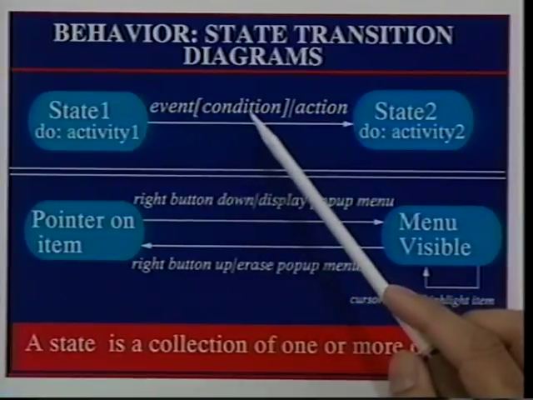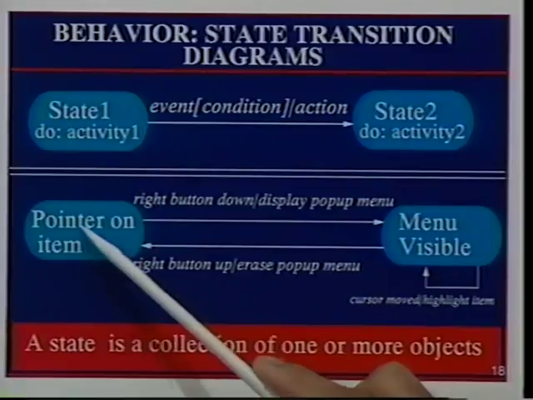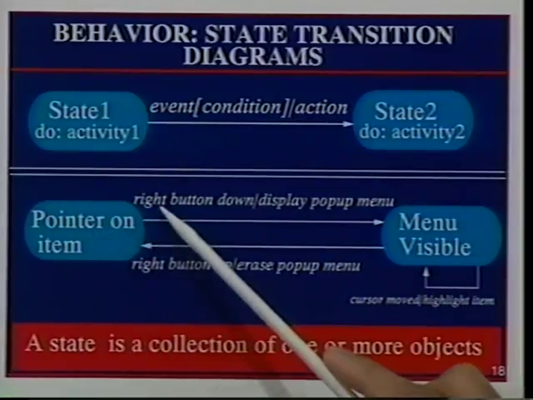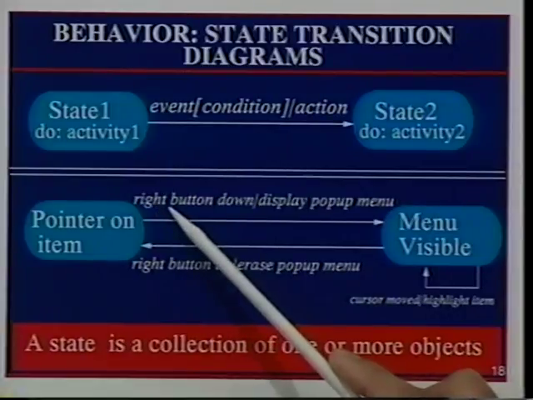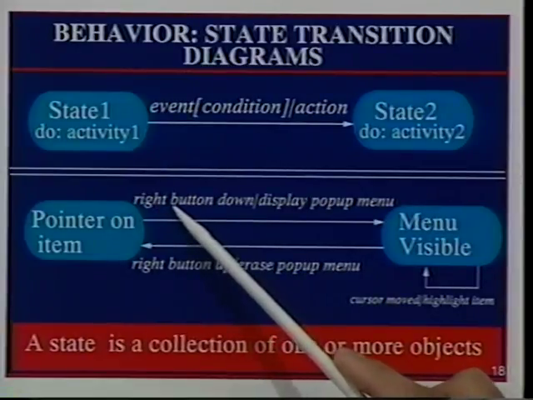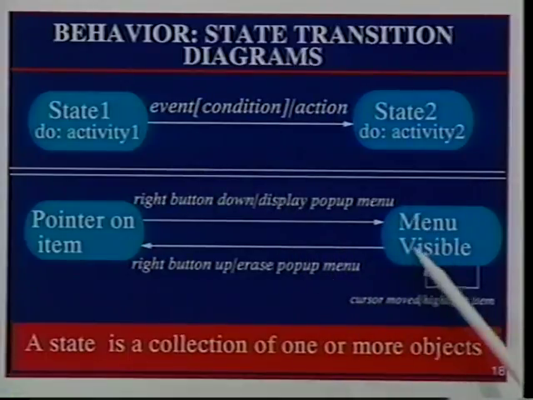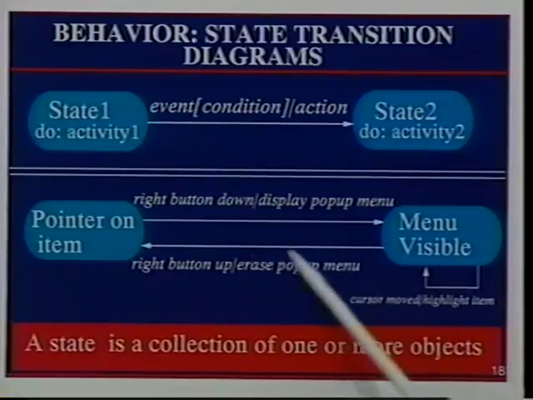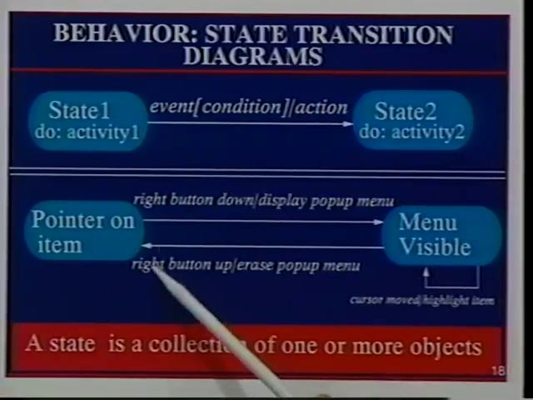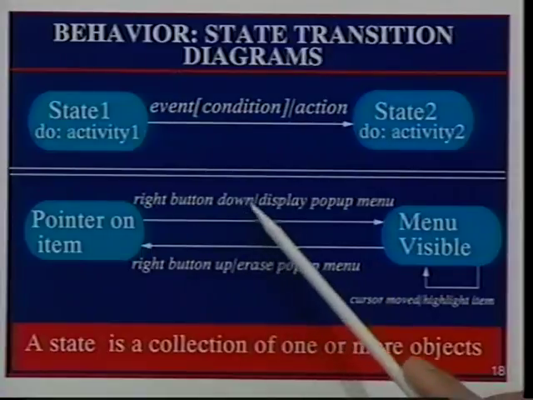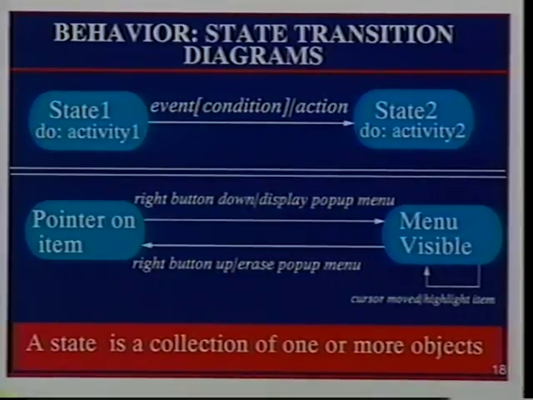For example, one of the states could be a pointer on an item, and then the event is if I take my mouse button and press the right button down, the action could be display pop-up menu, and then I go to a state called menu visible, and I can be in that state constantly until I release my right button. I don't have any preconditions here.